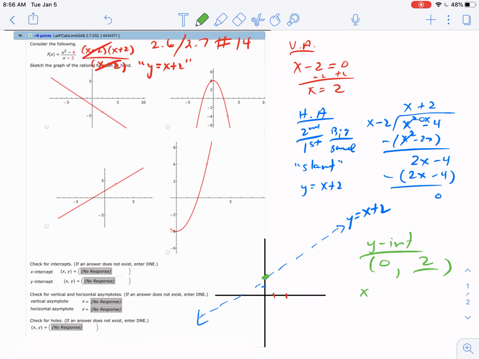And to find x-intercepts, what makes the top 0 but not the bottom? So what makes the top 0? Again, that would be x minus 2 and x plus 2. So I get x equals 2 and negative 2. So you might be thinking, oh, I have an intercept at 2, 0 and negative 2, 0.